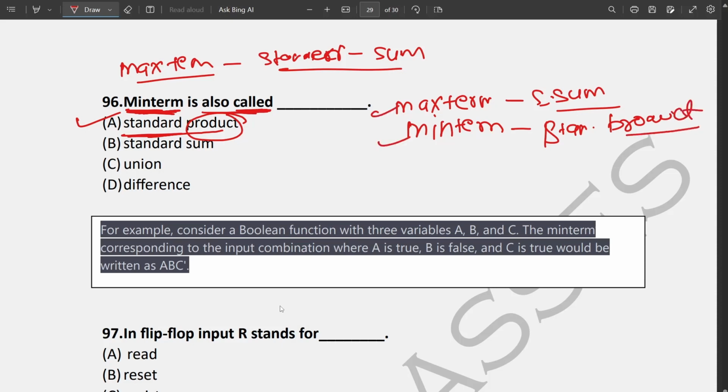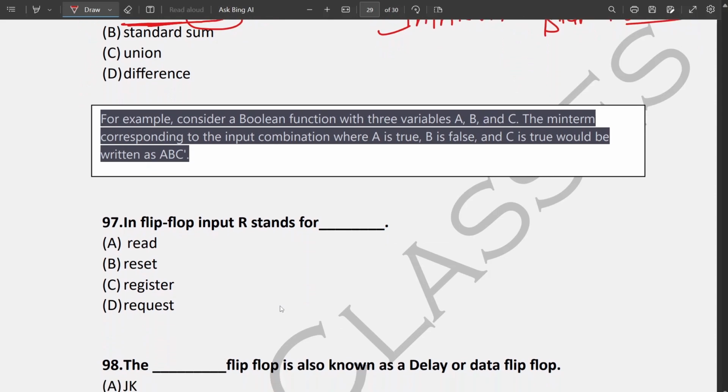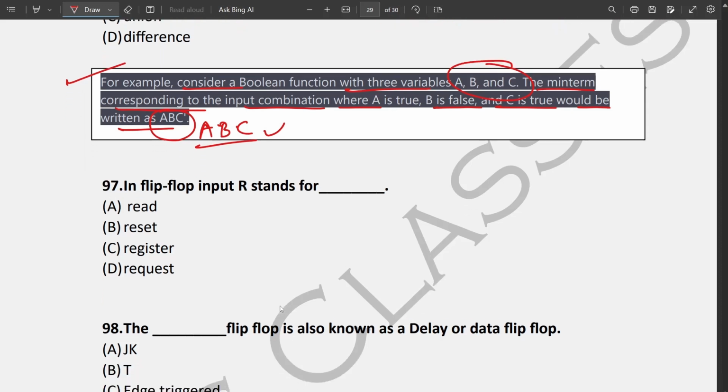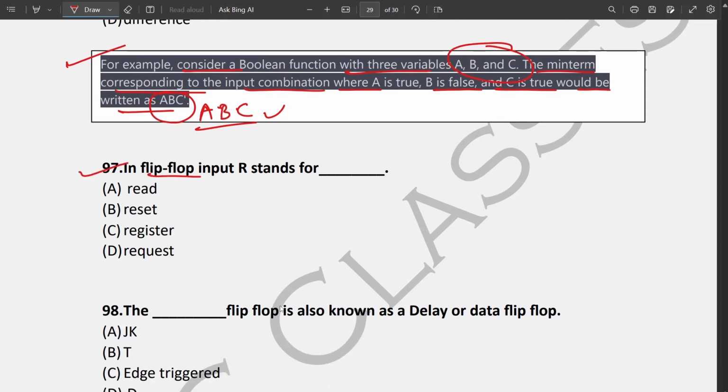Next, you can read this. For example, consider a Boolean function with three variables a, b, c. The minterm corresponding to the input combination where a is true, b is false, and c is true would be written as the product of a, b, c. 97. In a flip-flop input, R stands for what? Reset.